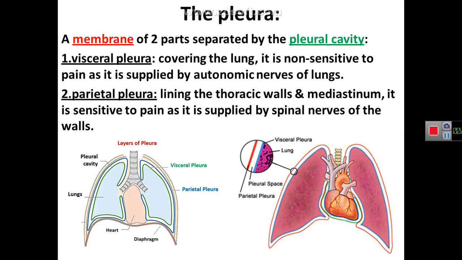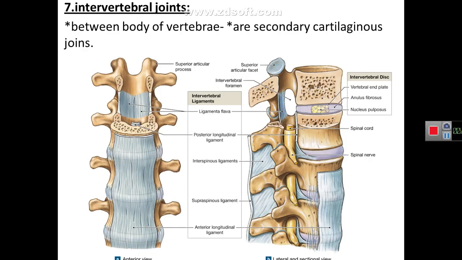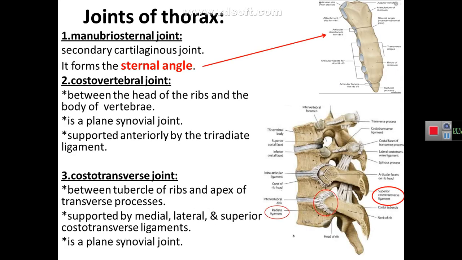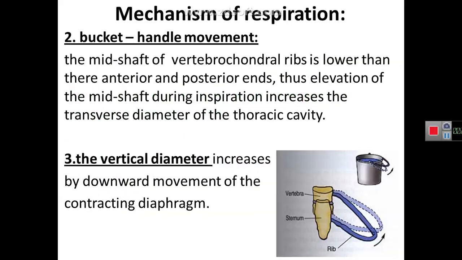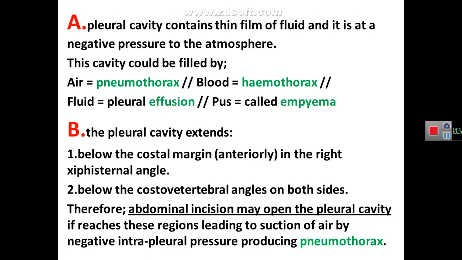And this is what is described here, that the pleural cavity extends below the costal margin on the right side of the xiphisternal joint, and also it extends on both sides of the costovertebral joints, and thus during abdominal incision for surgical purposes you may injure the pleura here, resulting in suction of air and pneumothorax.